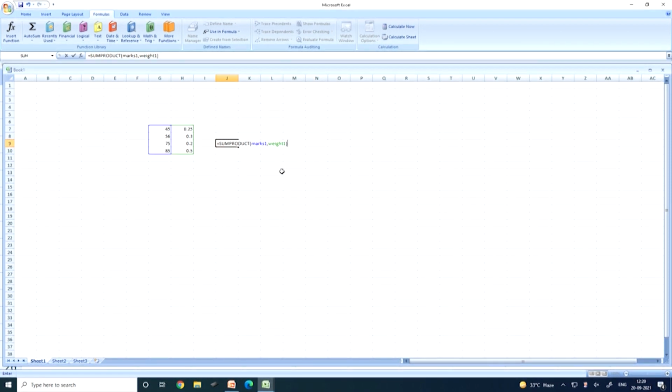Instead of selecting the cells, you can give the names marks1, comma, weight1. When you enter, you will get 85.55. This is the sum product. Look inside the bracket, it is marks1, comma, weight1. So when you give names to ranges, it is easy to call those cells in an Excel formula.